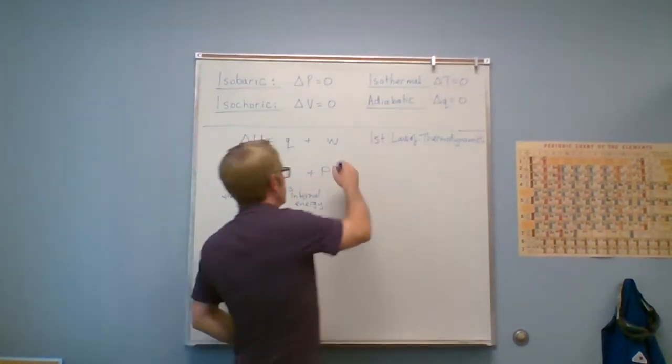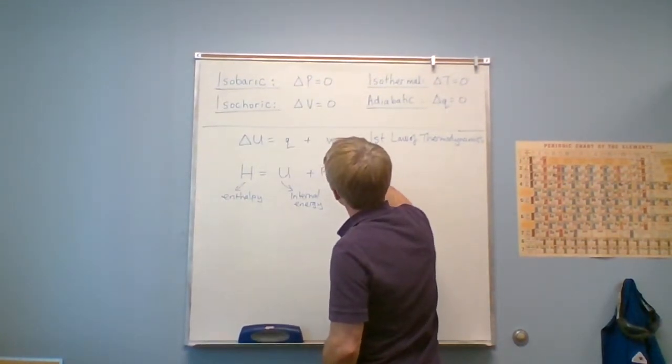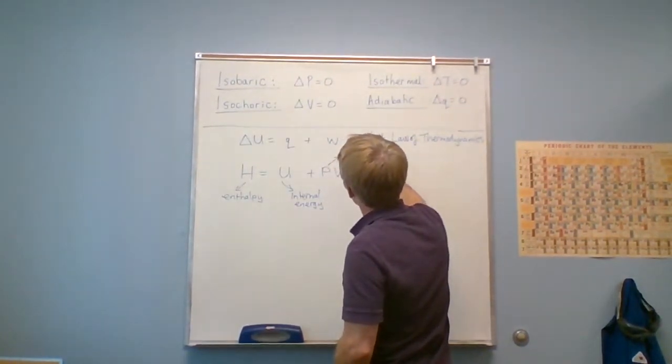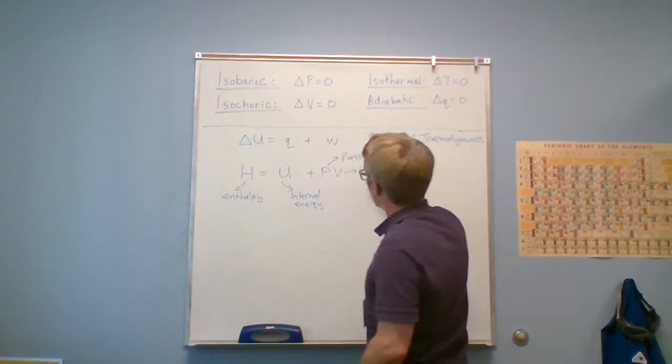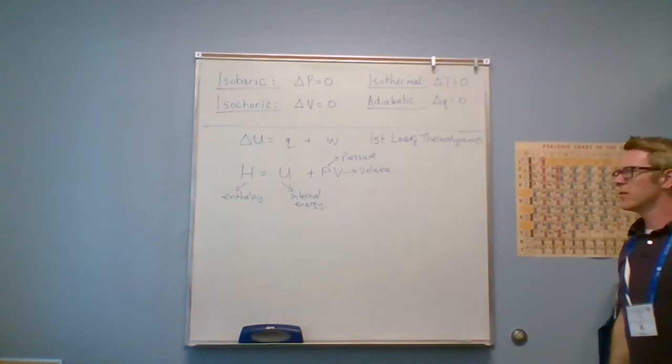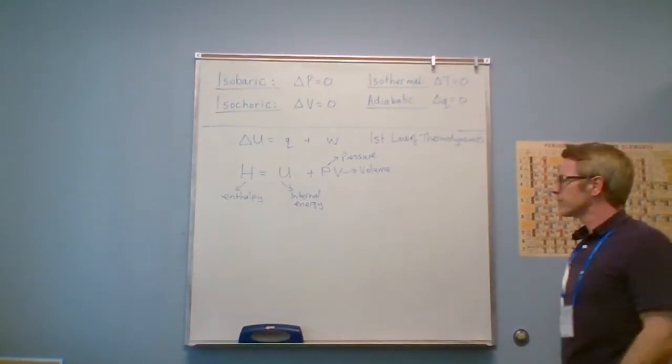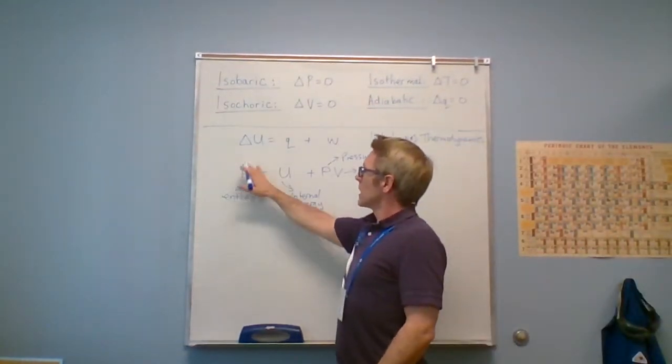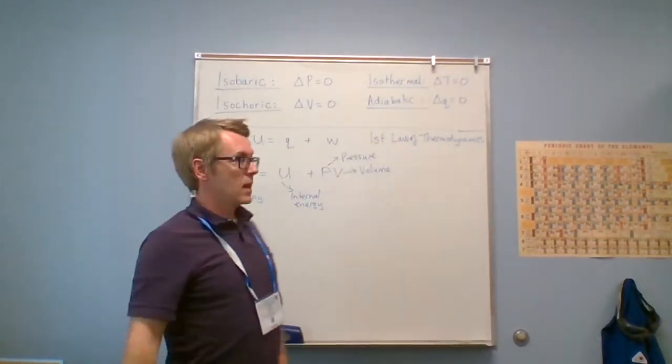P is pressure. And V is volume. So H is U plus PV.